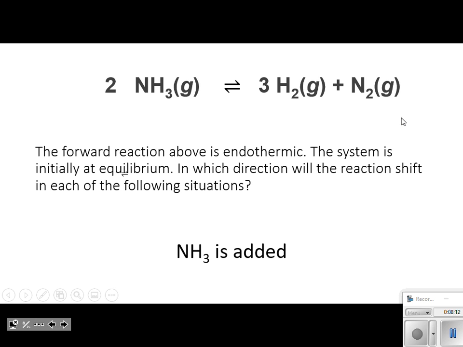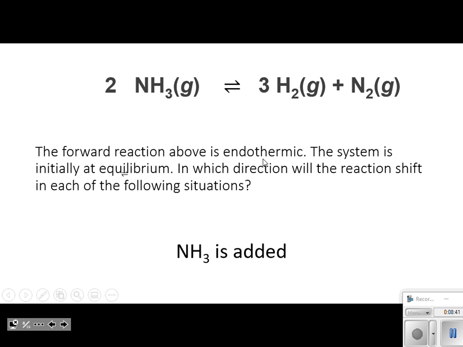So it says that the forward reaction is endothermic. So if I put heat on this, where would heat be? On the reactant side, correct? Just make a mental note of that. If I add ammonia, where is it going to drive this reaction? Forward, reverse, or none?